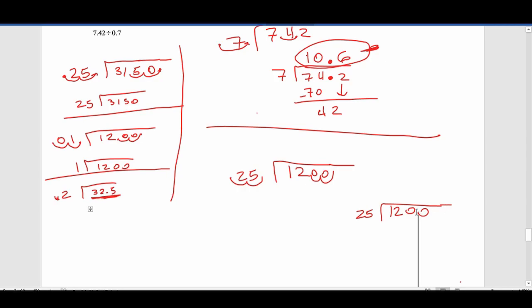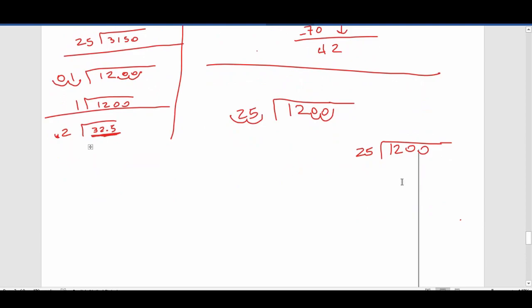Okay, so let's go ahead and work this out to see what we come up with. 25 doesn't go into 12, therefore we have to ask ourselves, how many times does 25 go into 120? 25 times 4 is 100, 25 times 5 is 125, so we know this is going to be 4. As I said, 25 times 4 is 100, subtract. 120 minus 100 is 20.